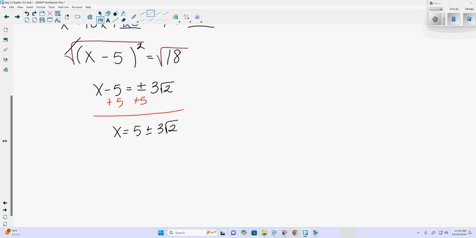Whenever we add or subtract a number from both sides at this point, we want to put it in front of the plus or minus. Yes. Can we add 5 and 3 square roots of 2? Well, the square root of 2 is 1 point, it's a decimal, non-repeating, non-terminating, yes? Do they both share that same radical? We can't add them without turning it into a decimal.